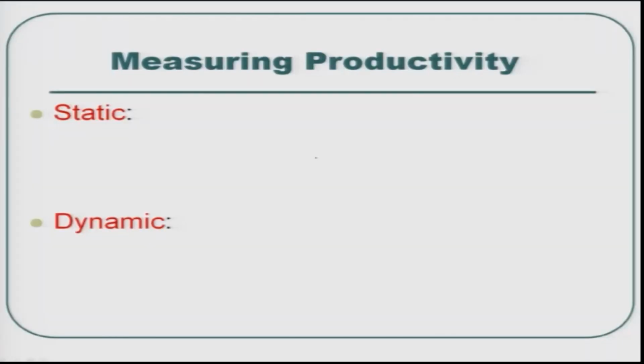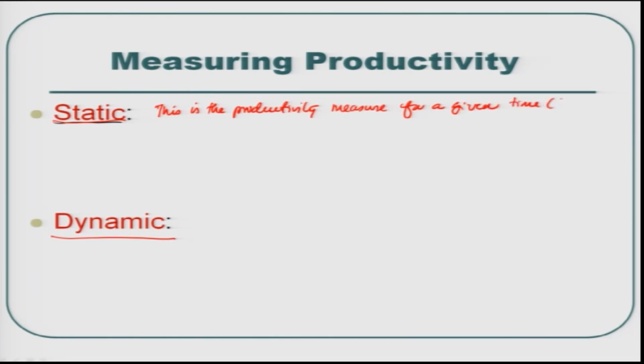Okay. So, how do we measure productivity? That is another aspect we need to cover. There are two measures of productivity. One is called the static and the other is called the dynamic. The static productivity is the productivity measure for a given time t.